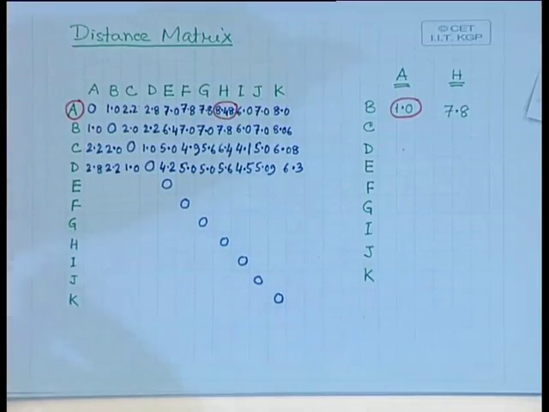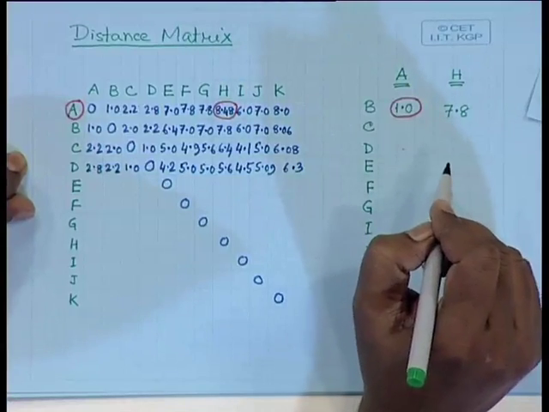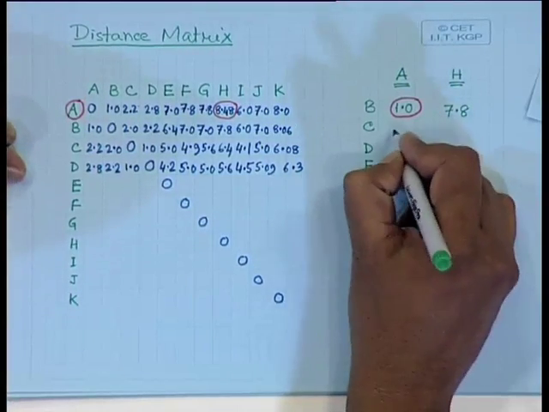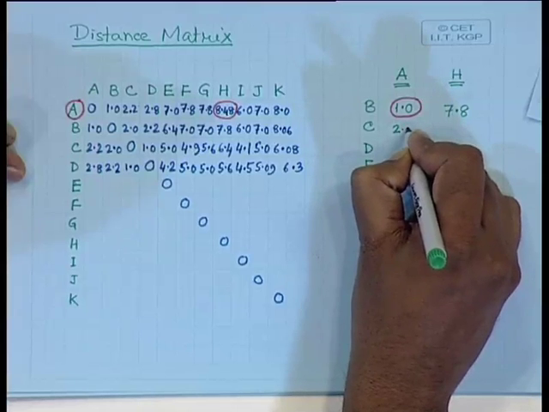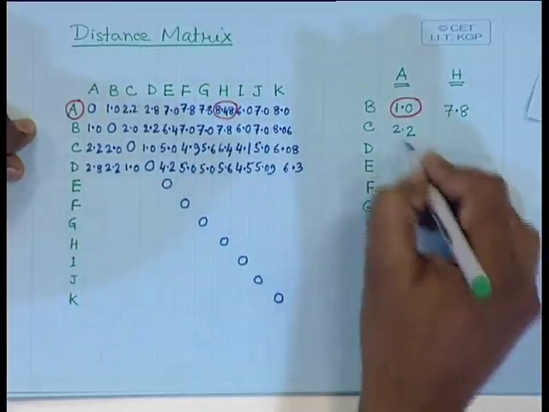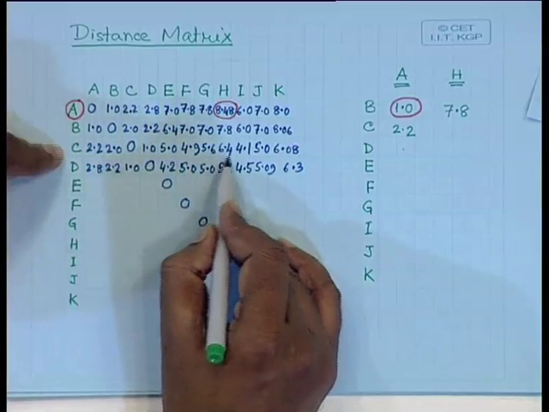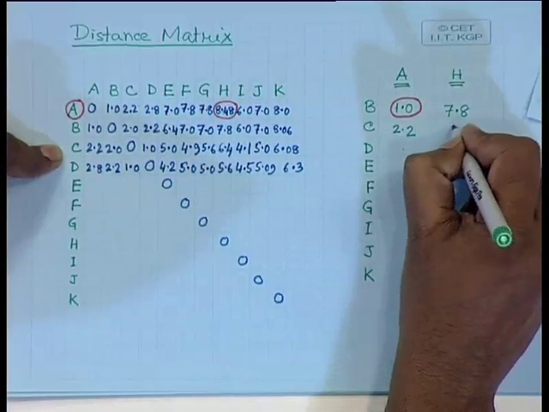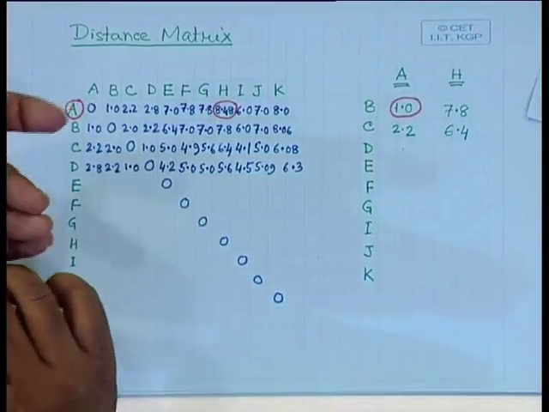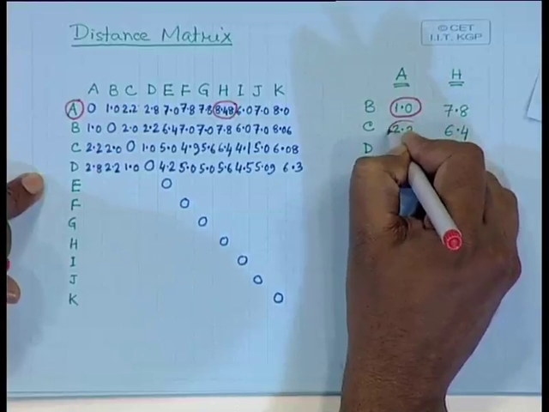Similarly, I have to compute the distance between C and A and C and H. The distance between C and A will be 2.2, or 2.23, which I have put as 2.2, and the distance between C and H again I can compute from here, which is 6.4. Again I have to take the minimum of these two. So, the minimum distance is 2.2.